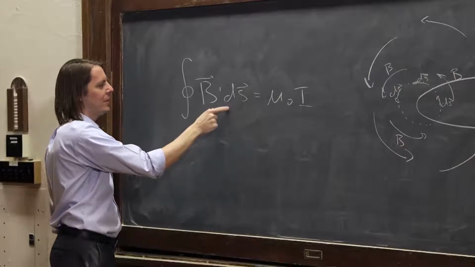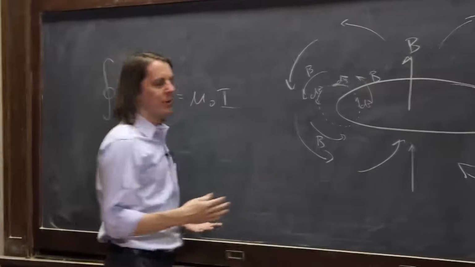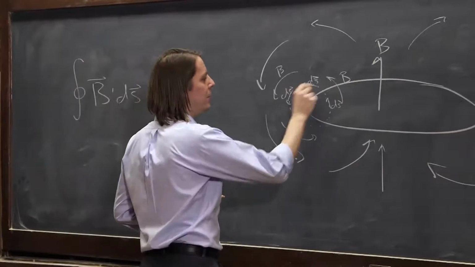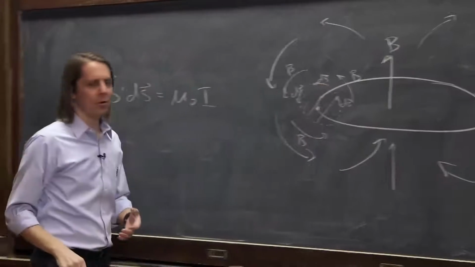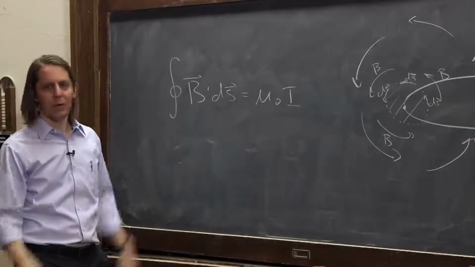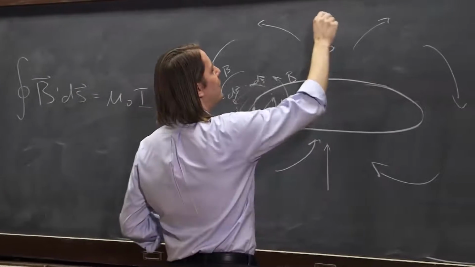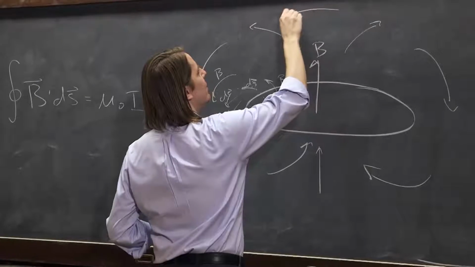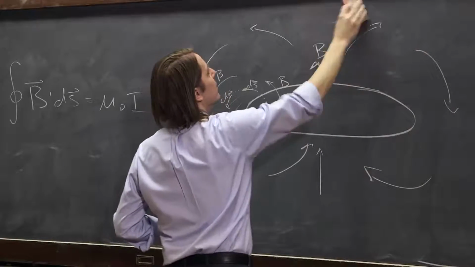Adding up a bunch of positive things all the way around the loop, you get a big number. So for that one, does the current penetrate the Amperian loop here? And the answer is yes. It had to have come through the Amperian loop right there. So that one works.